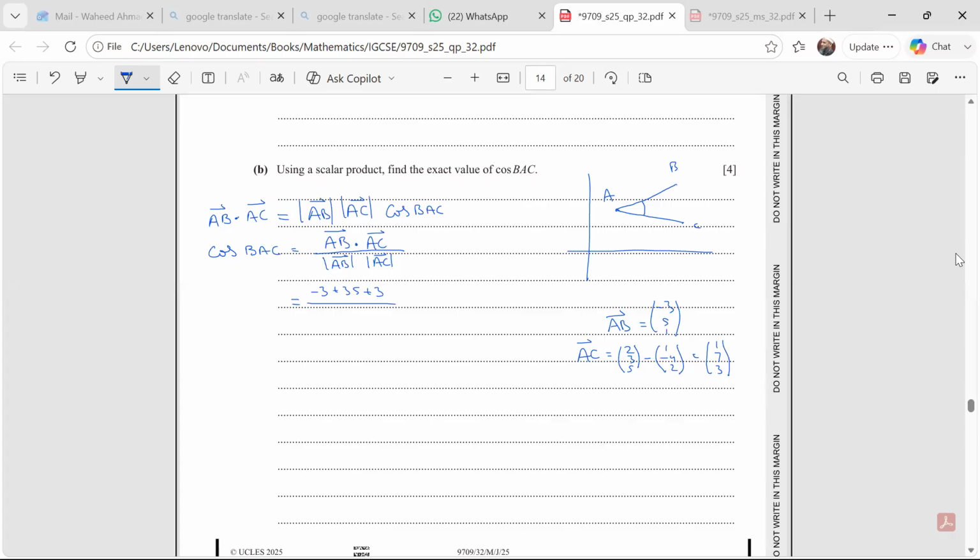Now what is the magnitude of AB? It is 3 squared is 9, 5 squared is 25, and 1 squared is 1, so 35 under the root.